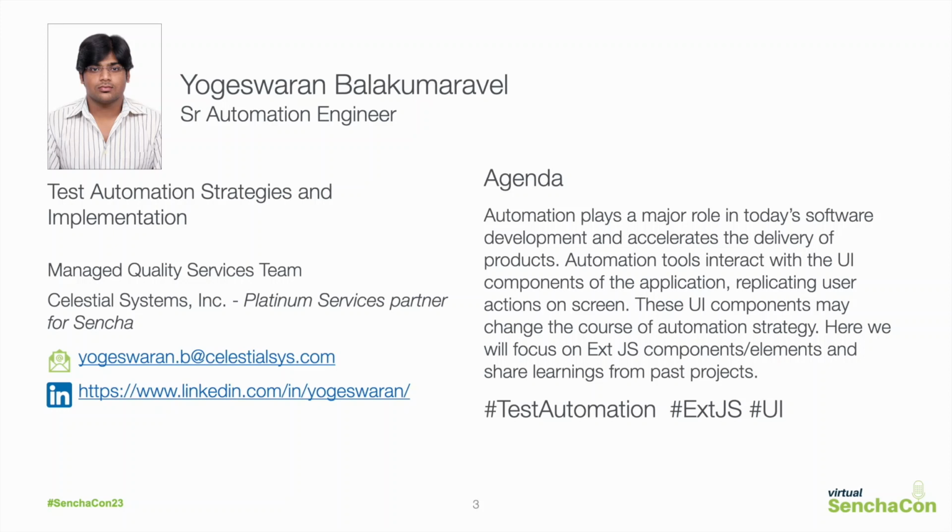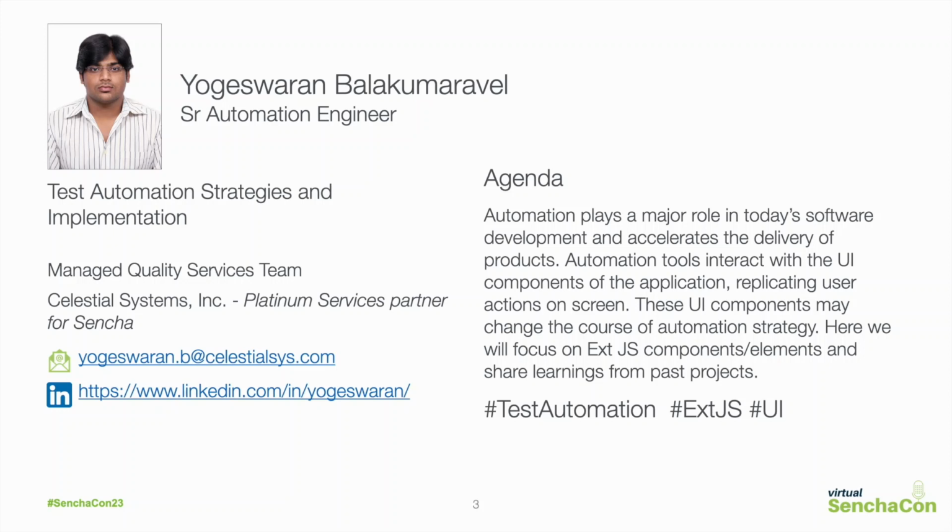In software development, automation plays a major role and it accelerates the process of delivering the product. In web automation, UI components are the main thing. Using these UI components, automation replicates the user actions on the screen.